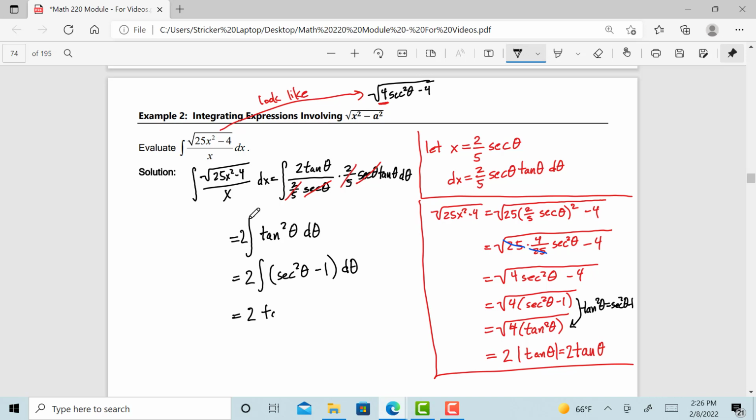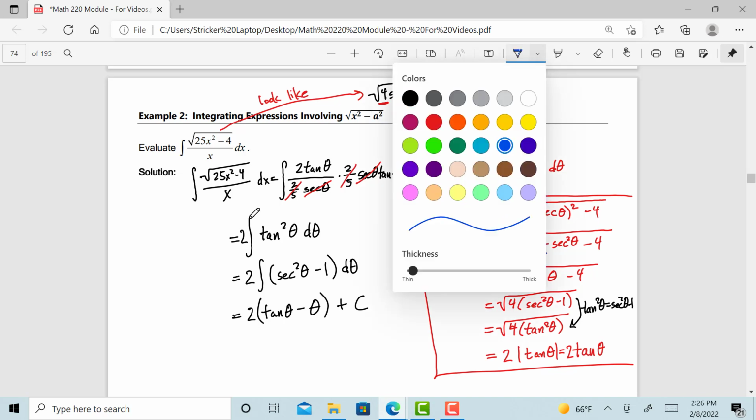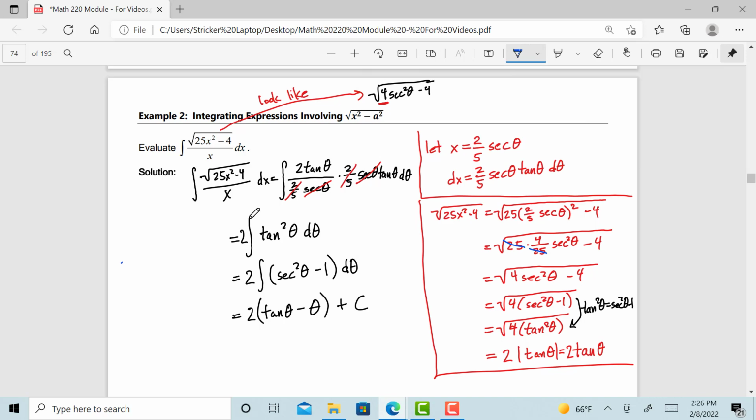So we have tangent theta, and then the antiderivative of -1 is theta plus our constant. And then we're going to use our right triangle. So let's go ahead and draw that. We have our right triangle.